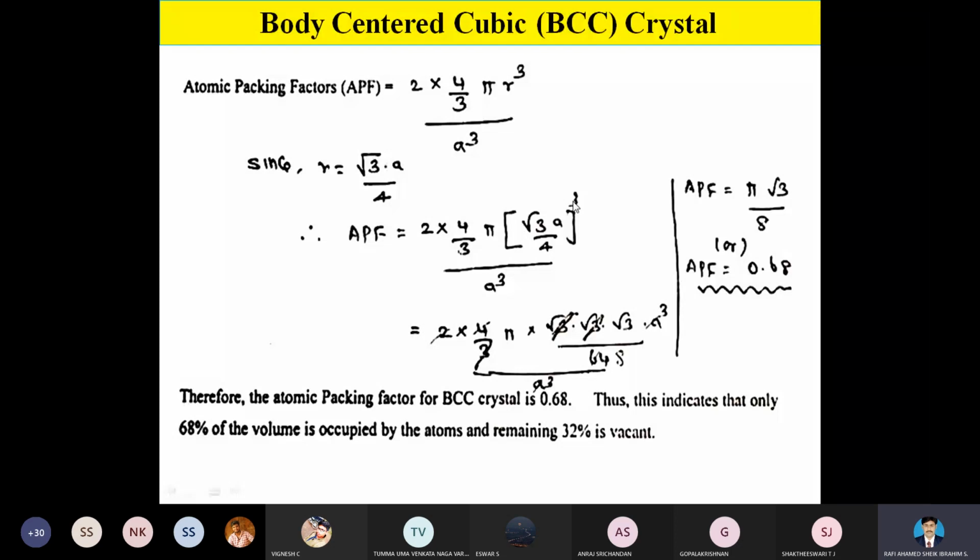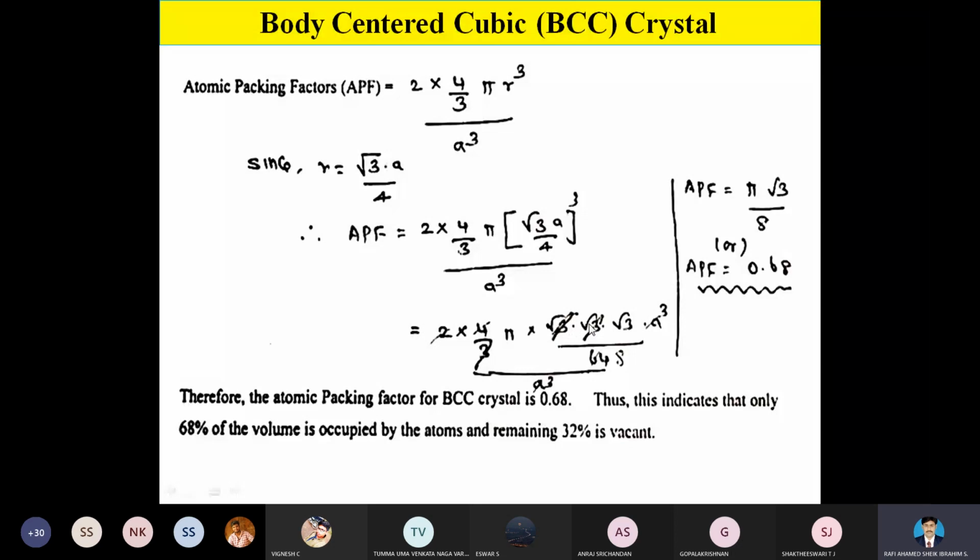See, root 3 whole cube. So we have expanded the term, solved the term, simplified the term: root 3, a cube, divided by 4 whole power 3 is 64, whole divided by a cube. Then we are solving this. The a cube gets cancelled.